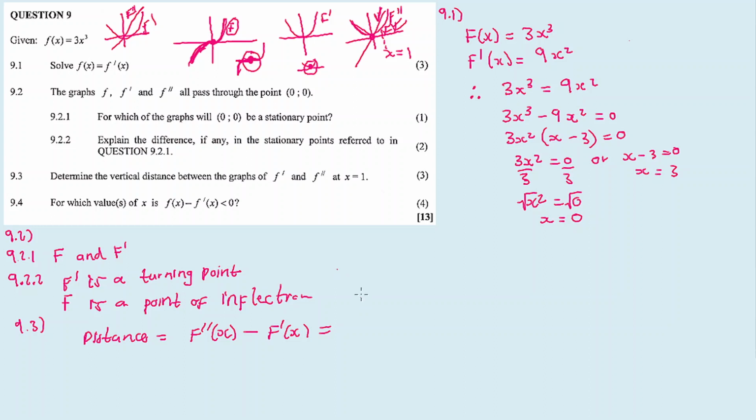Here f double prime is equal to 9 times 2, that's 18x. So it's going to be 18 bracket 1. In this x I put 1, since I want the vertical distance at x equal to 1, minus f prime of x, which is 9 bracket 1 squared.